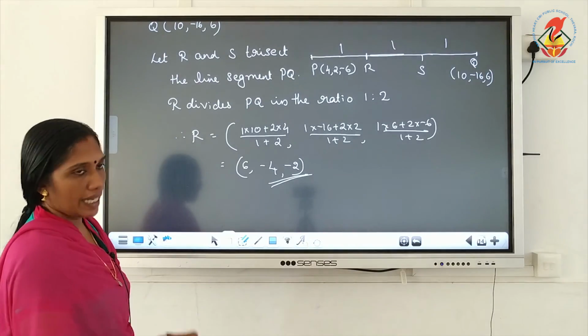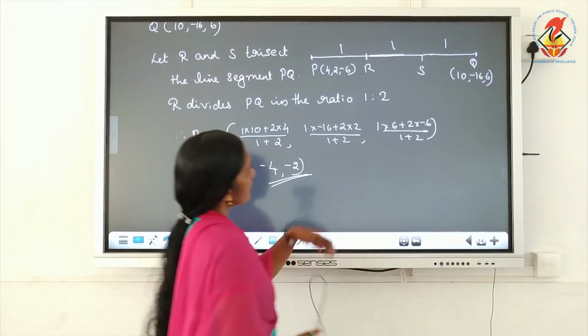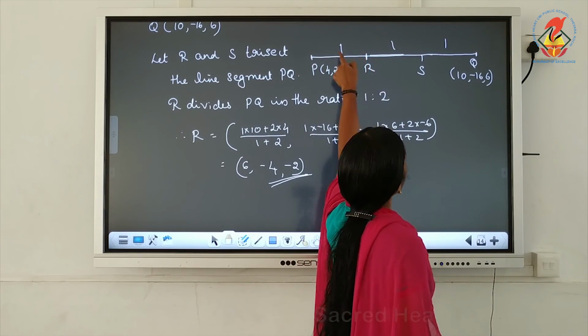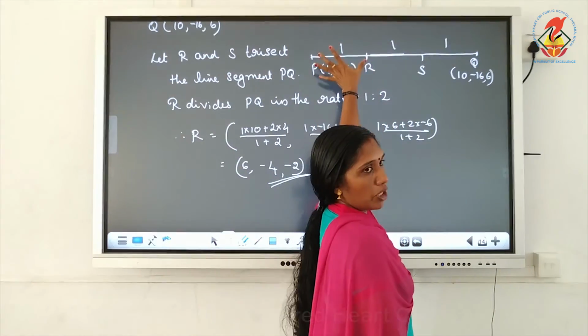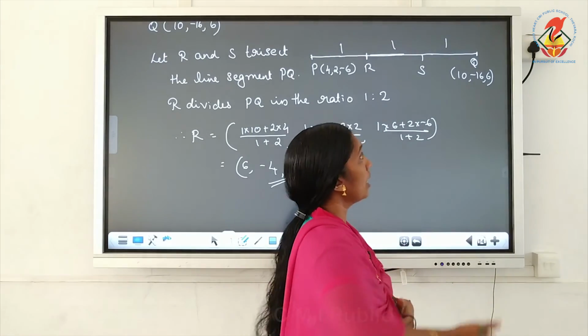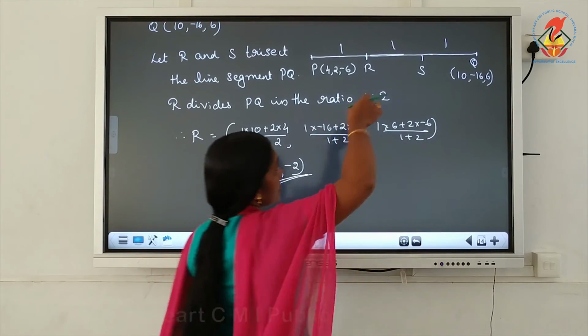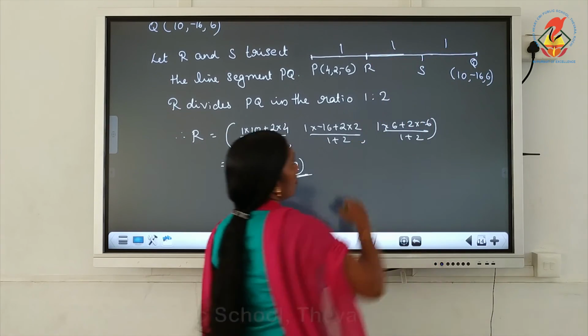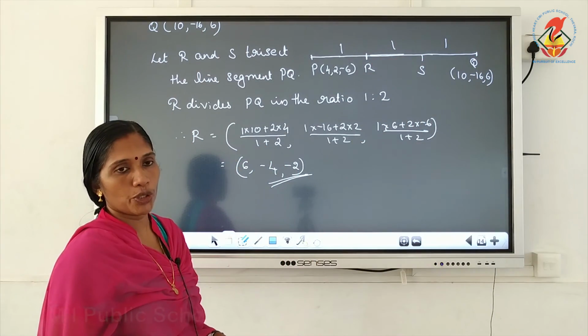Now we have to find S. So S divides PQ in the ratio. The left side of S is 1 and 1. That is S divides PQ in the ratio 2:1. You can use that method, or the second method is S is the midpoint of what? S is the midpoint of RQ.